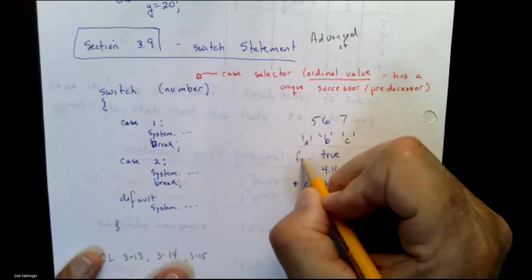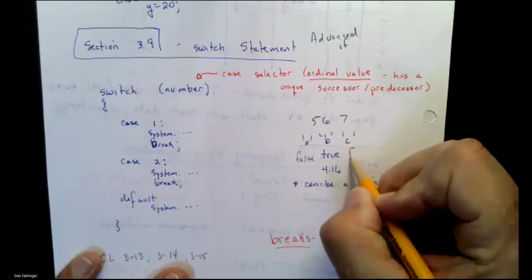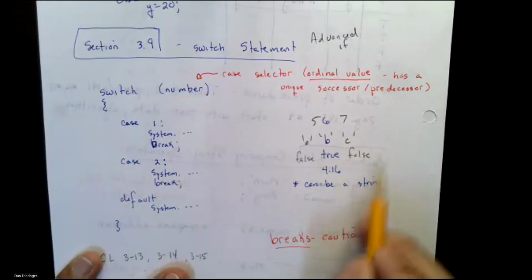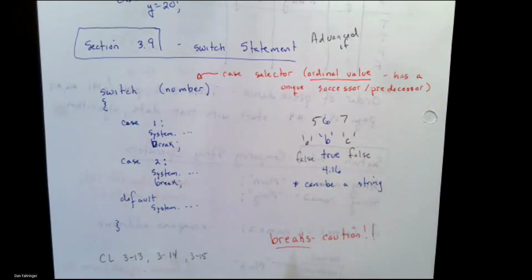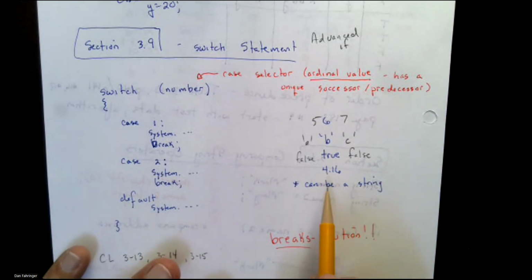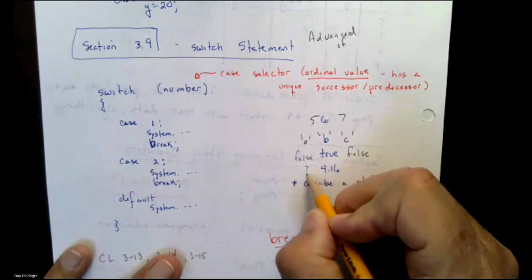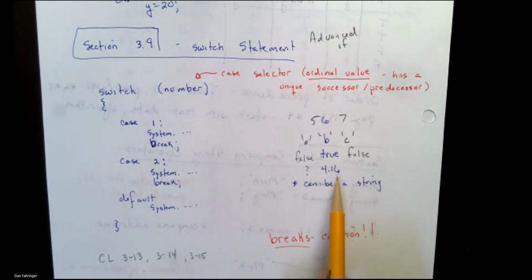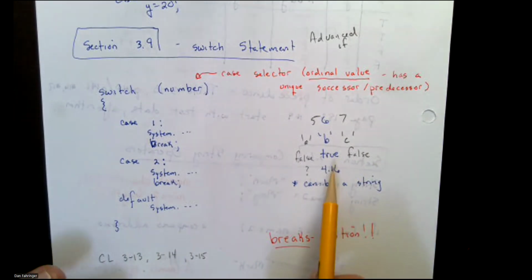Yeah, absolutely. What comes after true? It's also false. It wraps around. Okay, what comes before 4.16? We don't know. We don't know if it's 4.15, 4.1599999. We have no idea. So we can't really use these so much up here.